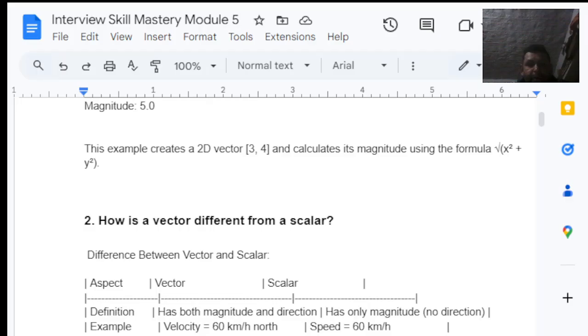Operations: vector addition, dot product, etc. In vector we have addition with dot product, and scalar has the multiplication and addition, etc.